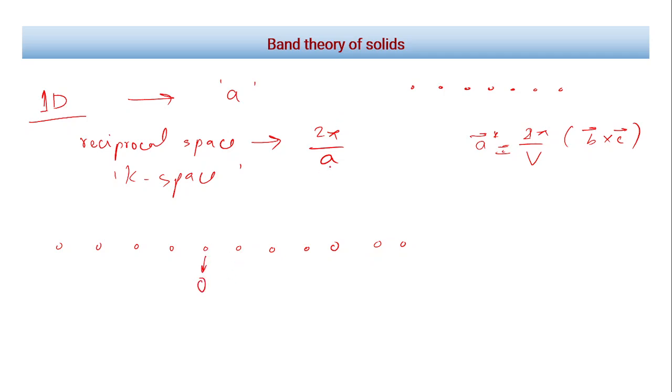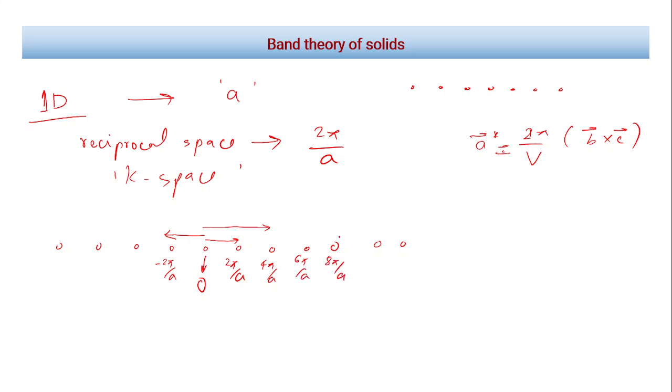Then the next lattice point from this origin, when I draw the lattice vector, will be 2 pi by A, and on this side it will be minus 2 pi by A. Then next will be 4 pi by A, and so on.